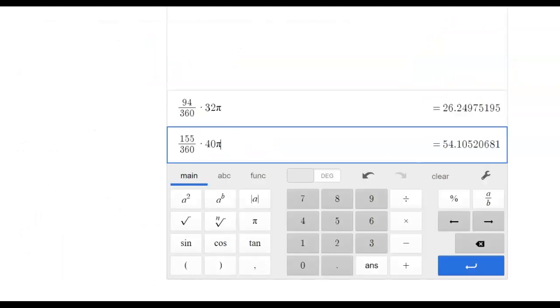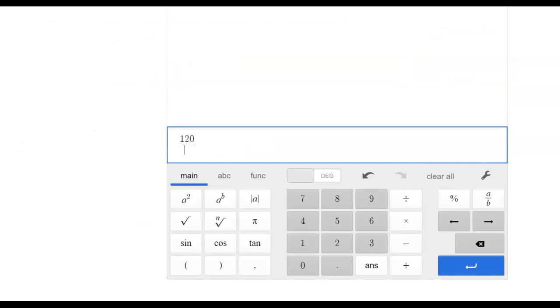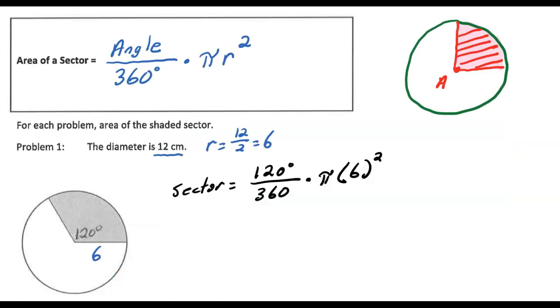So when we go to our calculator, I'm going to say 120 divide by 360. And then I'm going to multiply by 6 squared. So I get 12. So the exact area is 12 pi centimeters squared.